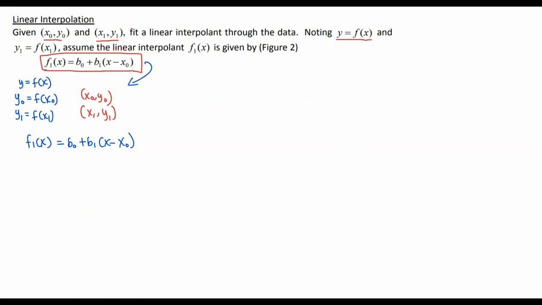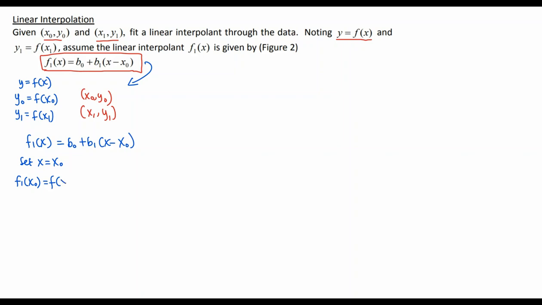Since we are assuming that this function will go through the data points, that means if I set x equal to x naught, then we are going to have f1 of x naught, and this should be the same as the y value you get for that x naught data point.